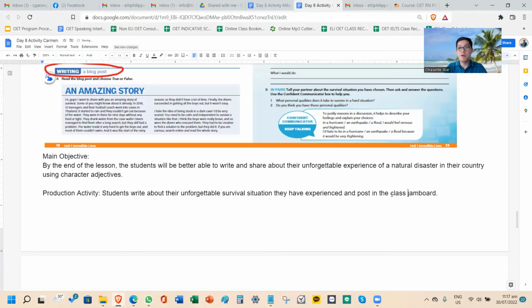Maybe you have a class Jamboard, so they can put it there. Just write about their unforgettable survival situation they have experienced and post it in the class Jamboard.